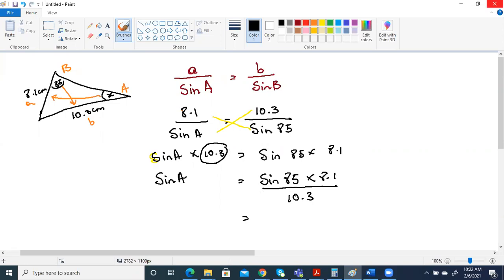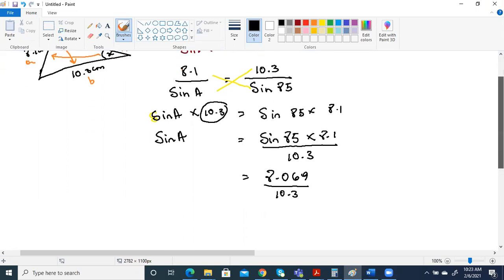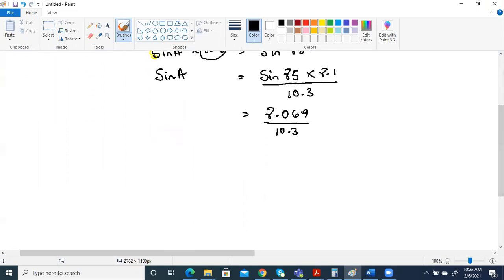Right, and then multiply that by 8.1. 8.069, thank you. And then that is all over 10.3. So you can now divide that by 10.3. Tell me what you get. 0.783.